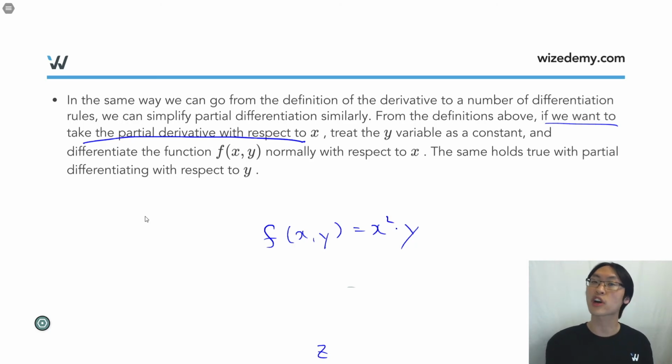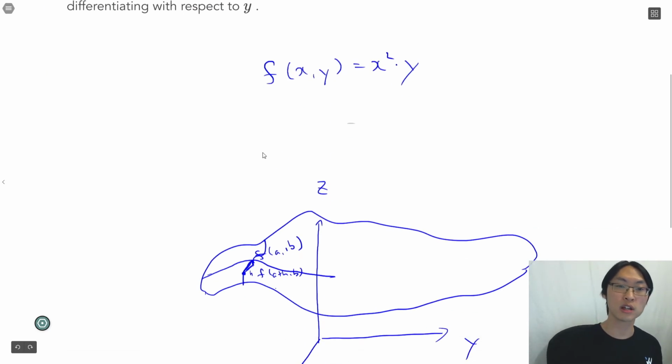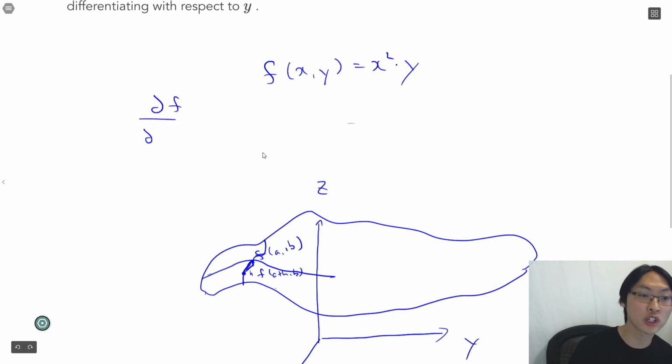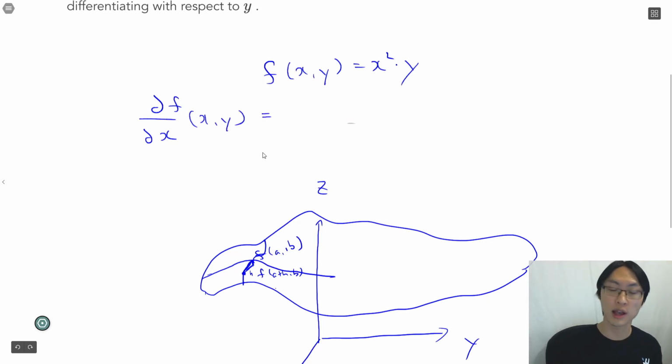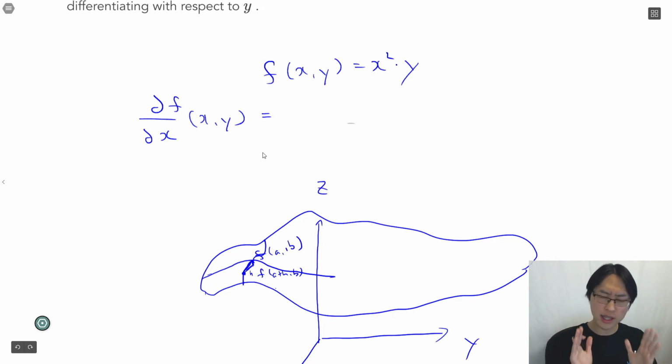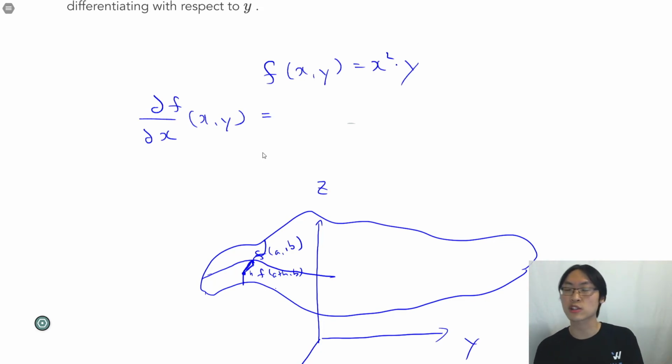The same concept holds true when you're differentiating with respect to y. You will hold the x component constant instead. So here, I'm going to take the partial of this function with respect to x. Partial f partial x of x comma y is going to be, so y is a constant. If it's a constant, then really it is a constant times x squared.